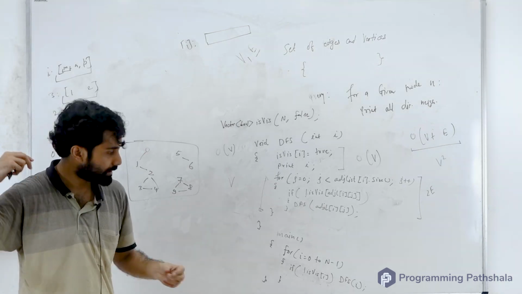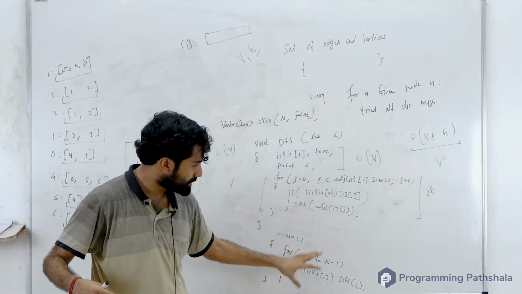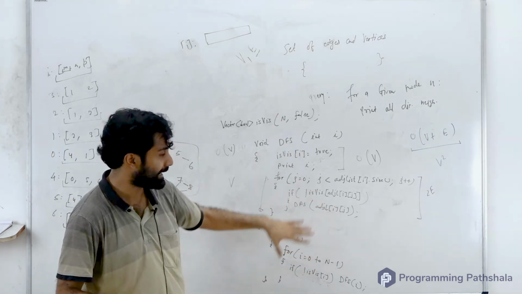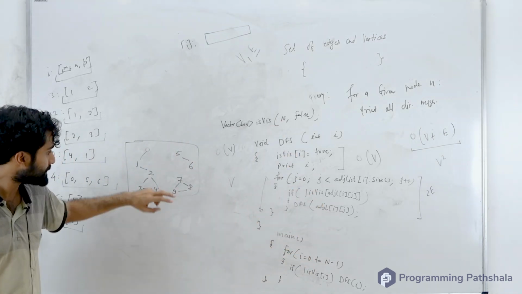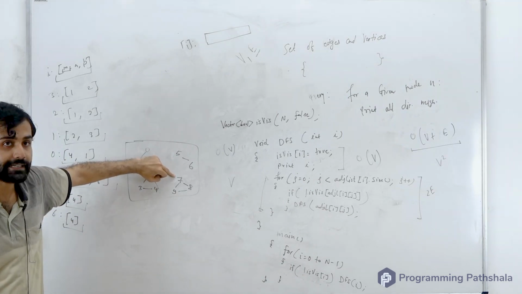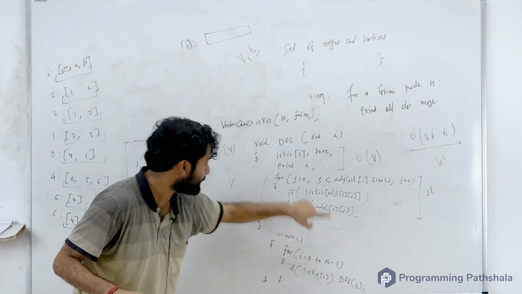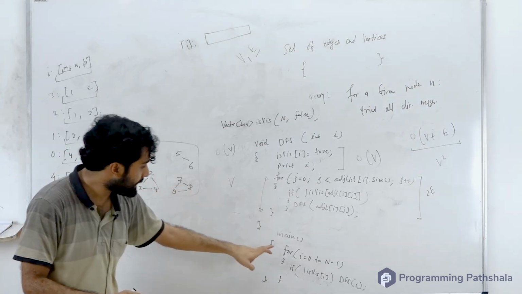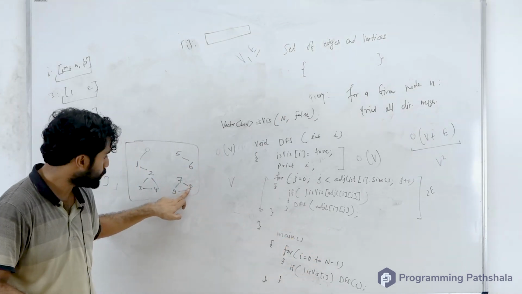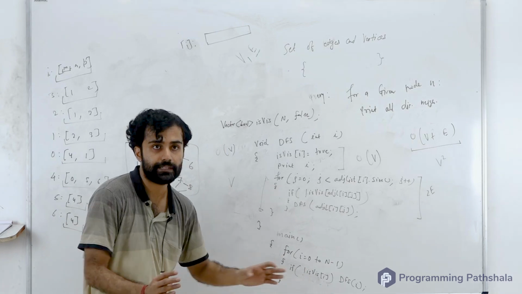So the maximum number of times you touch a node in your entire algorithm is 2 times. First time when you see that it is not visited, so let's say 7 was not visited and you invoke the DFS at 7. So there your algorithm touched this 8 once. And then when you are iterating and come from 7 to 8, then you touch this 8 again, but then you leave it.